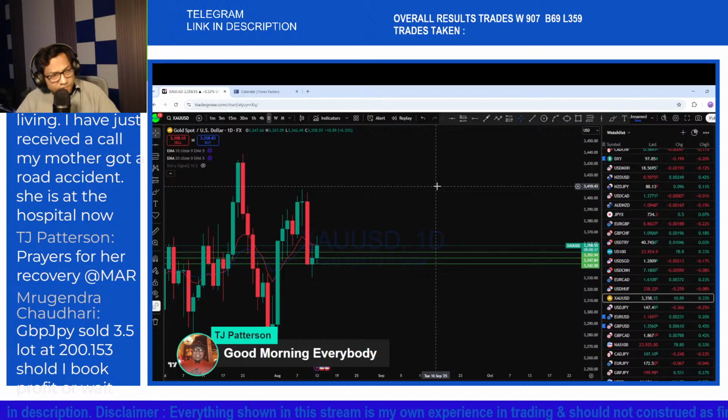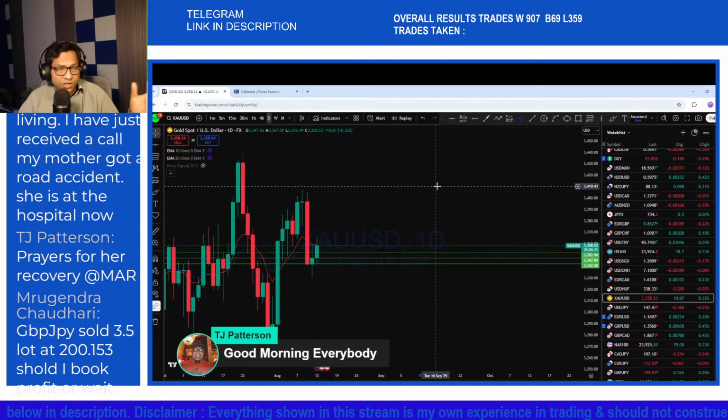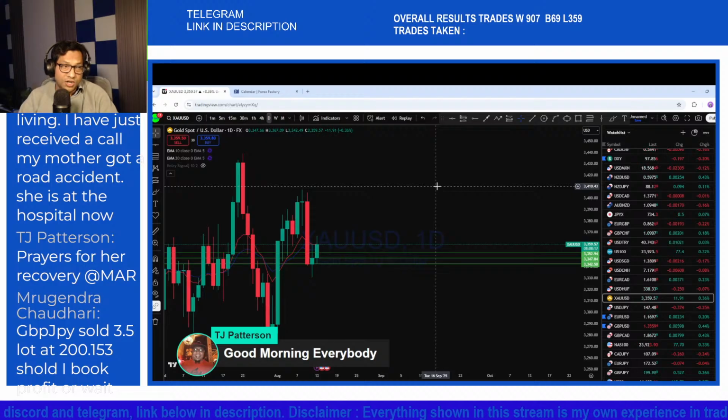For example, if AUD interest rate increases and JPY interest rate increases, or dollar interest rate increases, there could be very different impact on the currency for the same event.